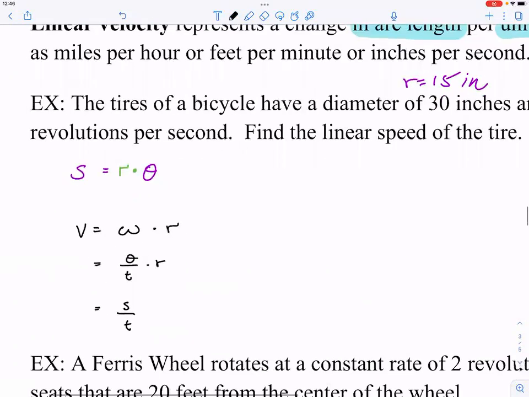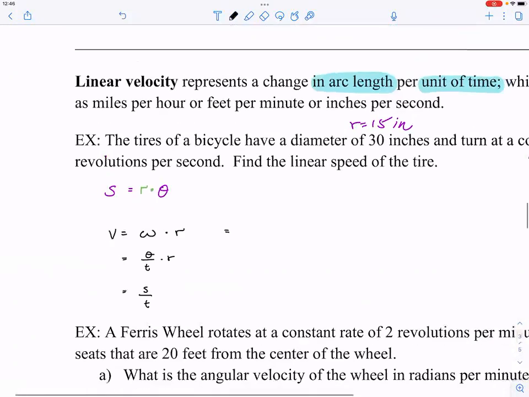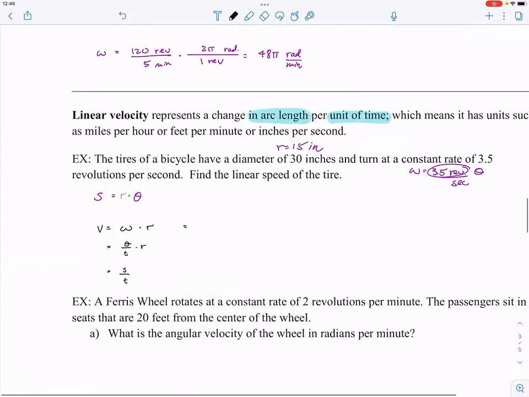So that's the scientific justification behind the formula. But be careful. The theta must be in radians, not revolutions. So you will have to do some conversion before you get too excited.